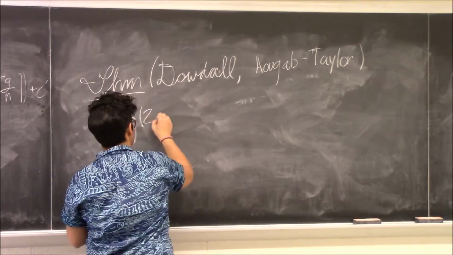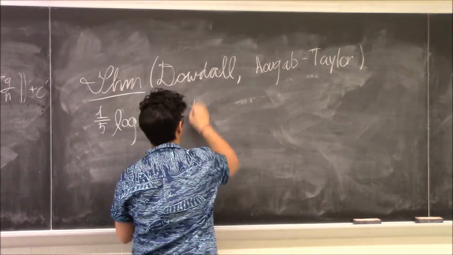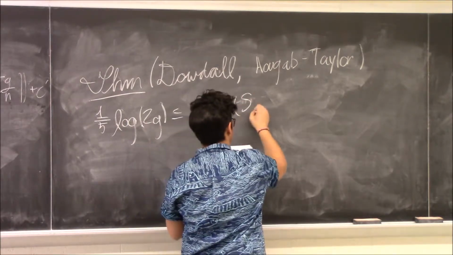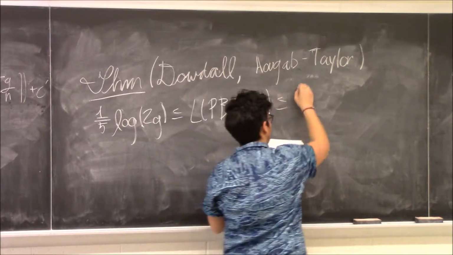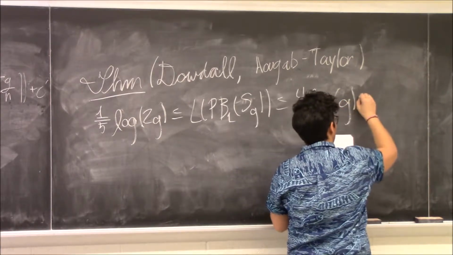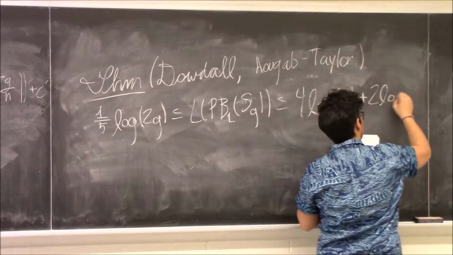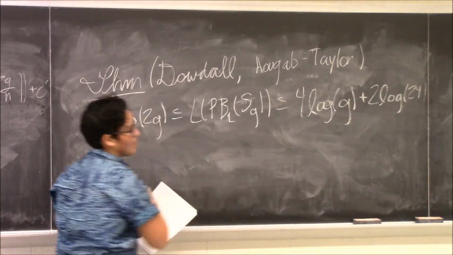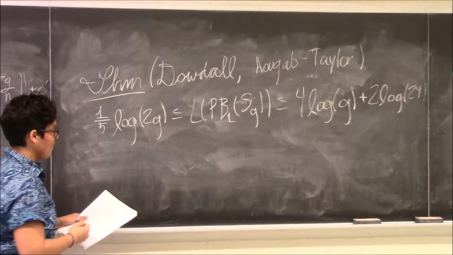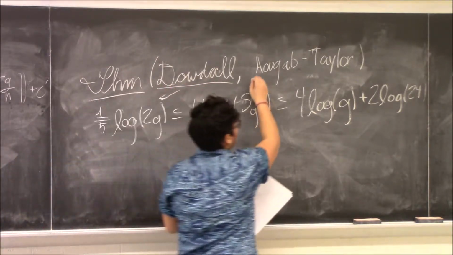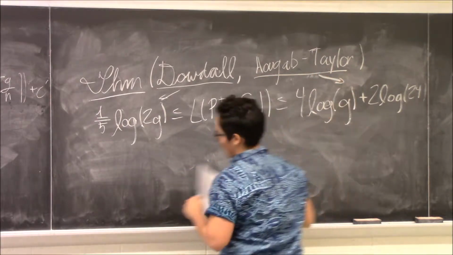In this case, we see behavior similar to what I pointed out for the pure surface braid group of n strands. So we have that these upper and lower bounds are dependent on g. And so as g goes to infinity, these upper and lower bounds are going to also go to infinity. And so, yeah, this upper bound is due to Dowdall, and this lower bound is due to Aougab and Taylor.